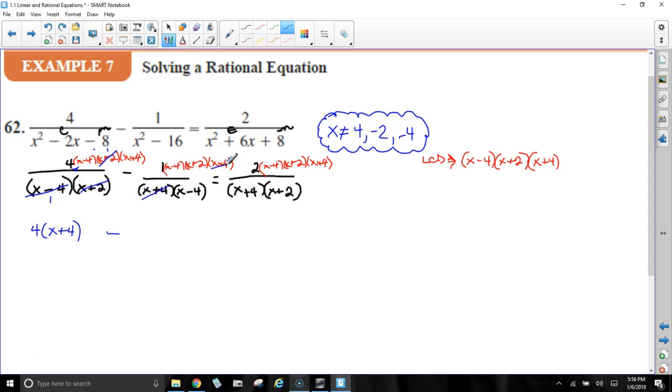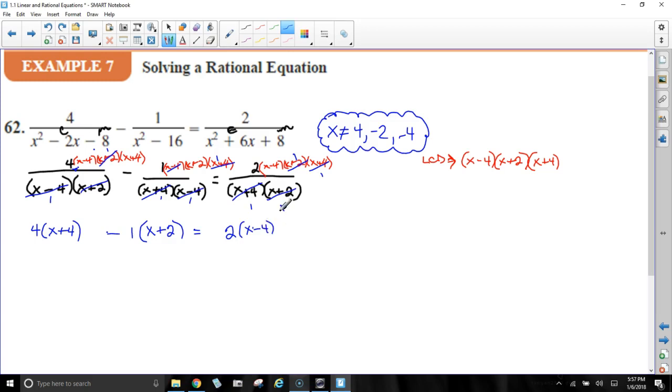The x plus 4s fall out. The x minus 4s fall out. Leaving us with a minus 1. If you want to write that 1, that's not a bad idea. Multiplied by the quantity x plus 2. Now here we can reduce the common factors of x plus 4 and x plus 2, leaving us on the right-hand side of our equation with 2 times the quantity x minus 4.